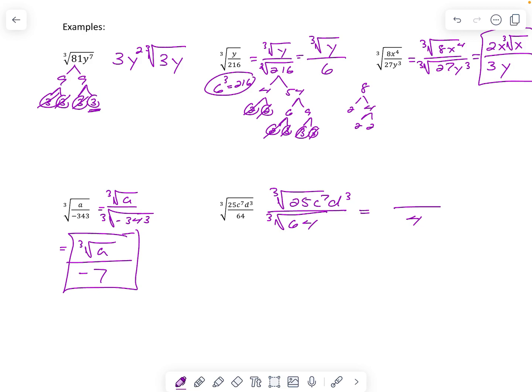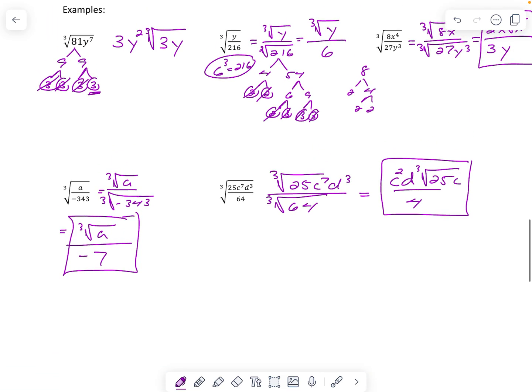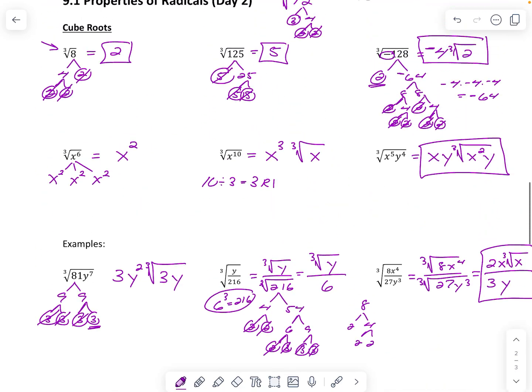So that's going to stay inside. But for our c's, we have 7 divided by 3 is 2 with 1 c left over, and then d. So that will be our final answer there. And that is it for day 2.